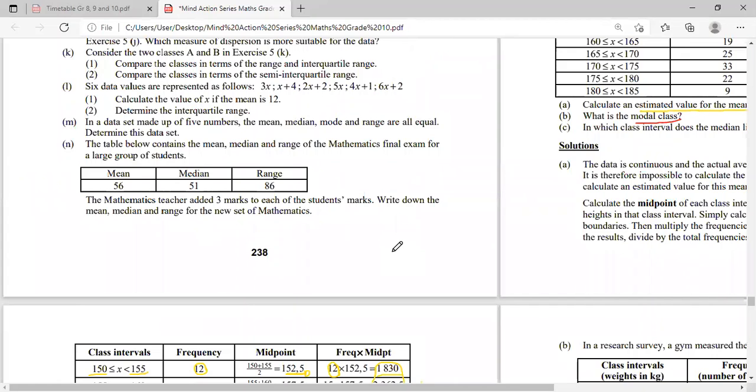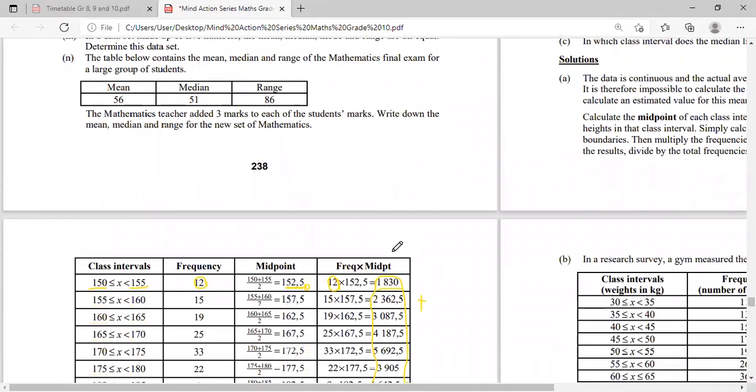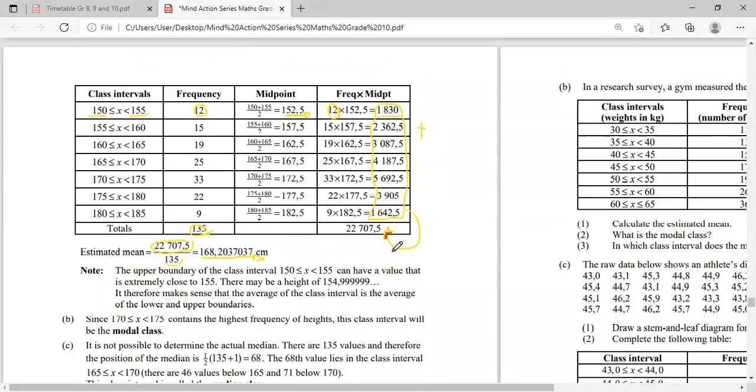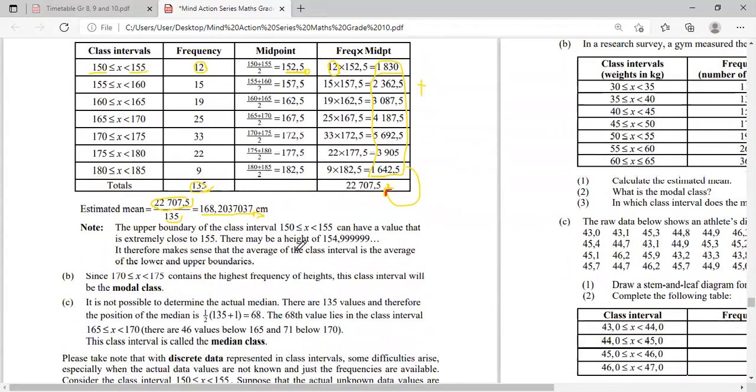I think I gave you notes on the mode, the median, the ranges, and the percentiles. I remember very well that for the modal class, here is the solution, because this one contains the highest frequency.